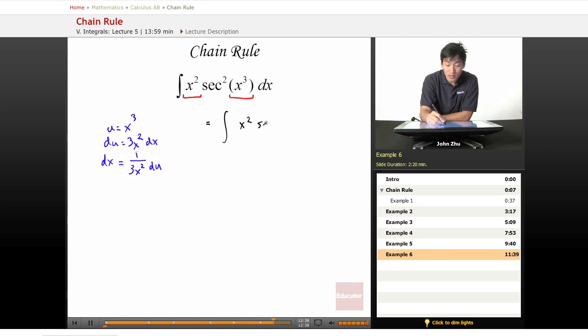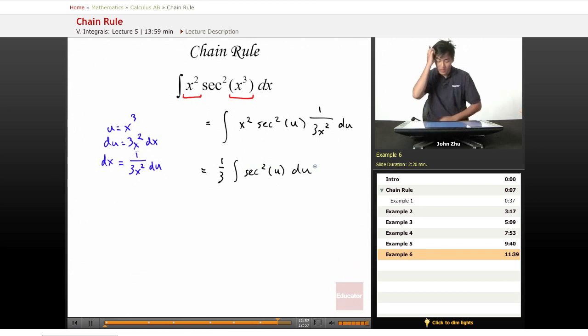x squared, secant squared of u, and 1 over 3x squared du. If we simplify this a little bit, the x squared terms cancel out, and we're left with 1/3 secant squared u du. This looks very much like our previous problem, except the u here is a different substitution.